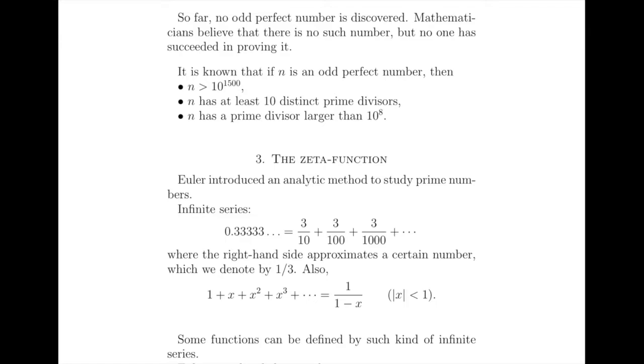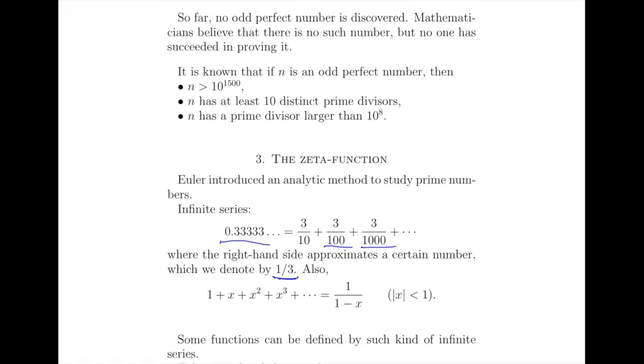So to explain Euler's invention, we need the notion of infinite series. Are you familiar with infinite series? So for example, 0.33333 is 3 over 10 plus 3 over 100 plus 3 over 1000 plus, etc. And the right-hand side approximates a certain number, which we call 1/3.